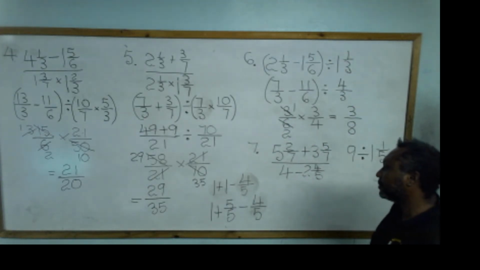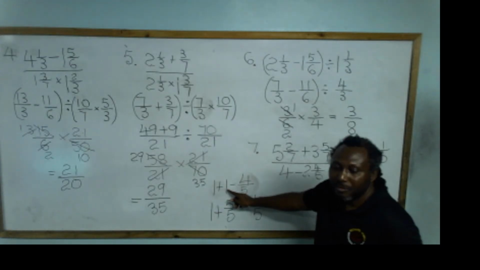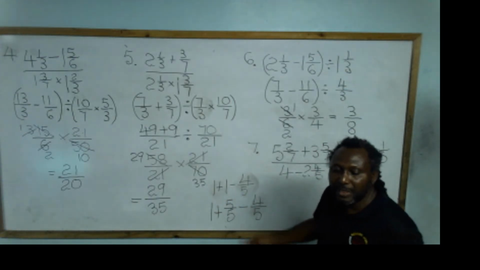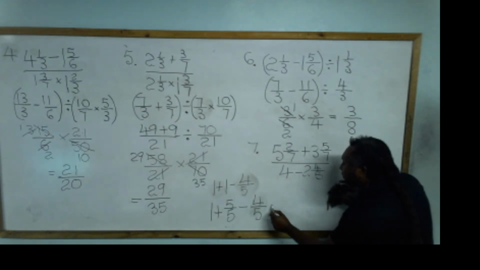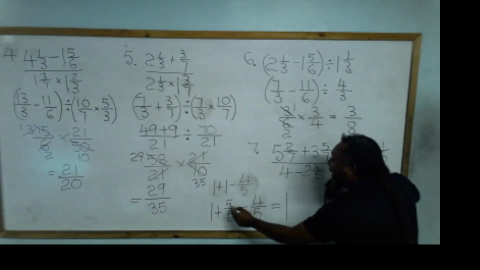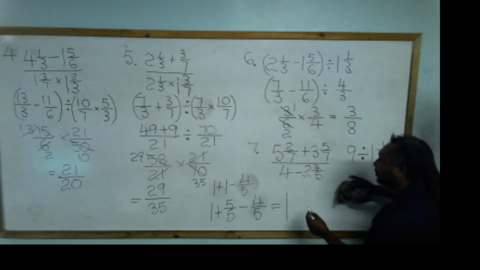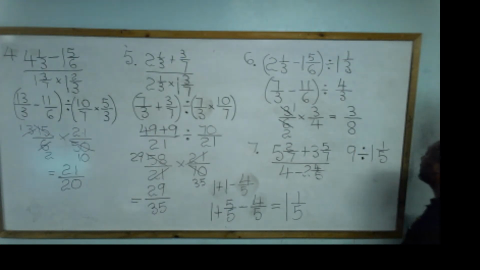This one now, we write as 5 over 5, because 5 over 5 is 1 whole. Then the 1 goes back, and we have 5 over 5 minus 4 over 5, and that gives us 1 over 5. So it's 1 and 1/5.